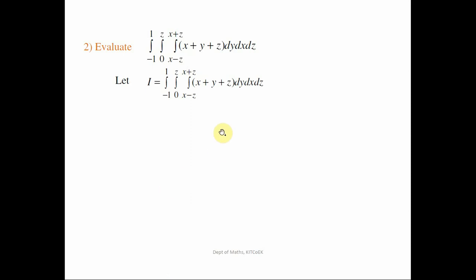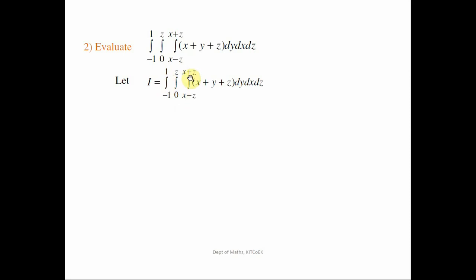Now in this triple integral, we will see that the limits of inner integral, now these are x minus z to x plus z, which are functions of two variables again, and these two variables are x and z. Limits of the middle integral, 0 to z, these are functions of a single variable, and the outer limits minus 1 to 1, these are constants here.